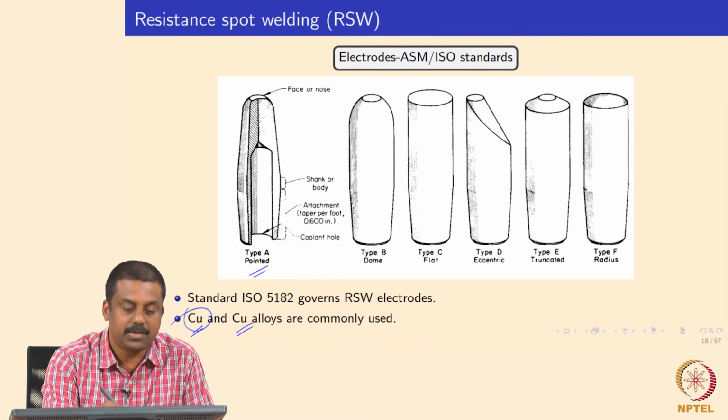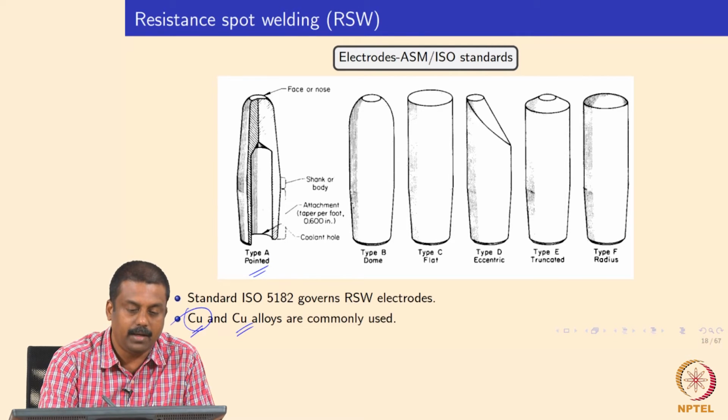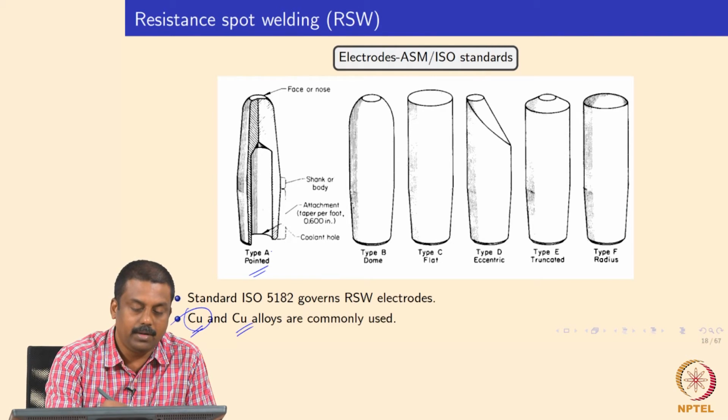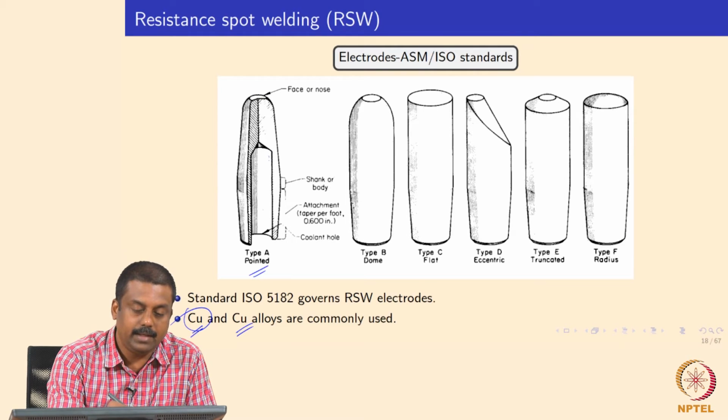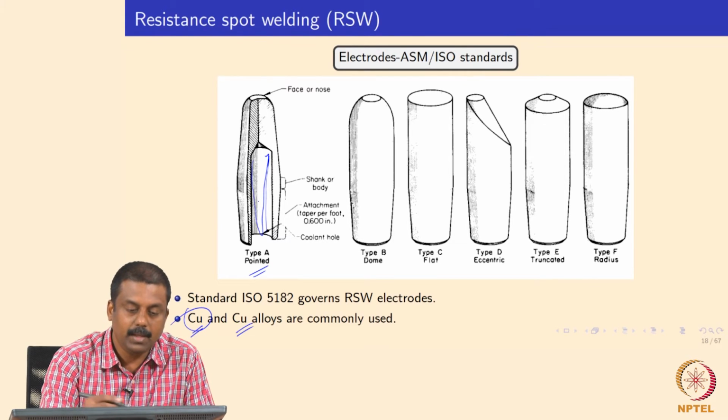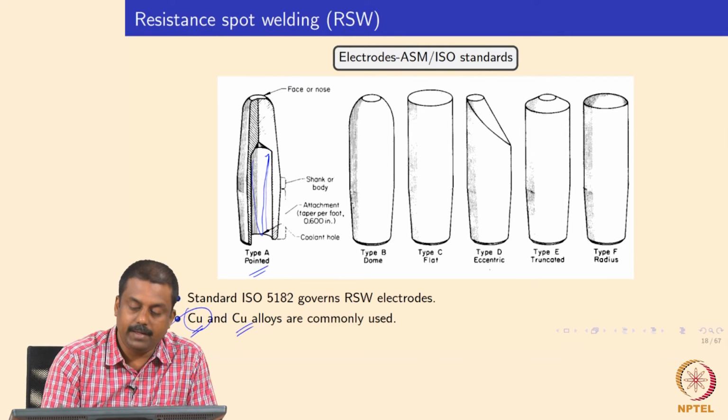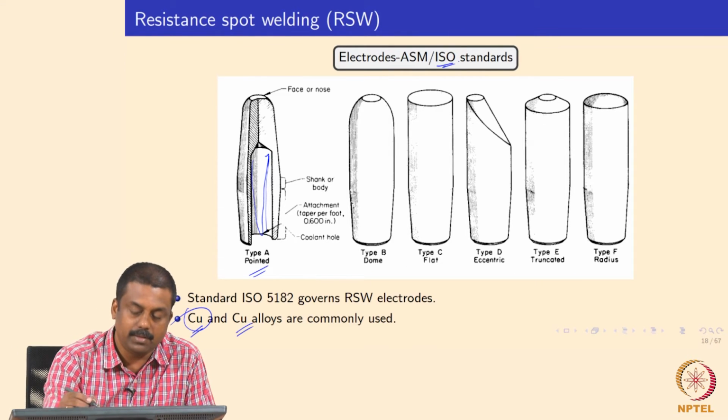This is a typical cross section. For example, a type A electrode is the pointed type. So, this is a face, and there is a channel inside which is used to circulate water to extract heat. We have various types of electrodes based on the ISO standards.